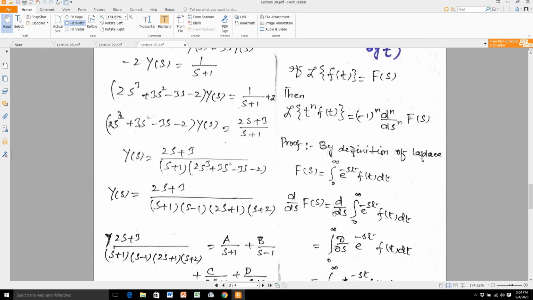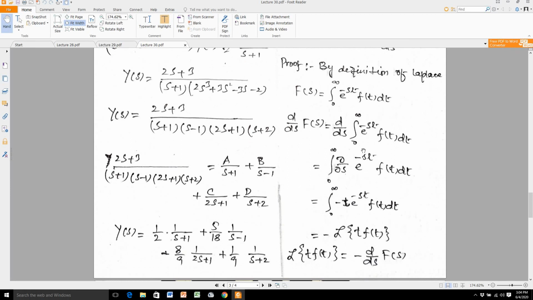So the derivative is with respect to s. Where two variables are given but the derivative is applied with respect to one variable, in this condition we convert the total derivative into the partial derivative, as you learned before this. So we get the integral from 0 to infinity of partial over partial s of e raised to the power minus st f of t dt.